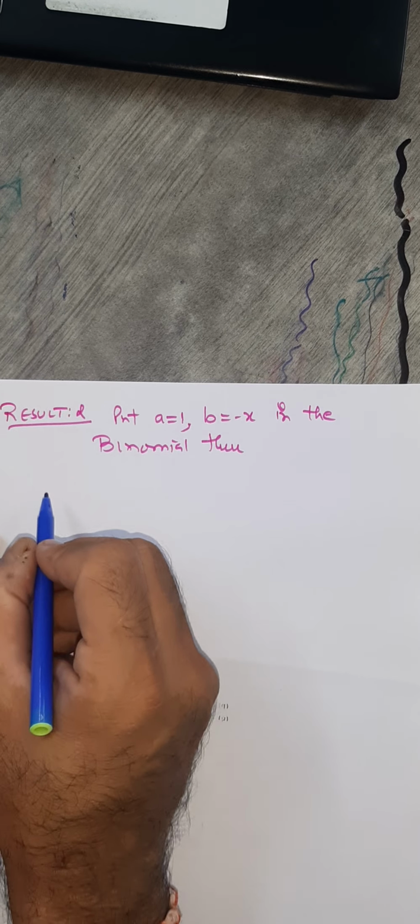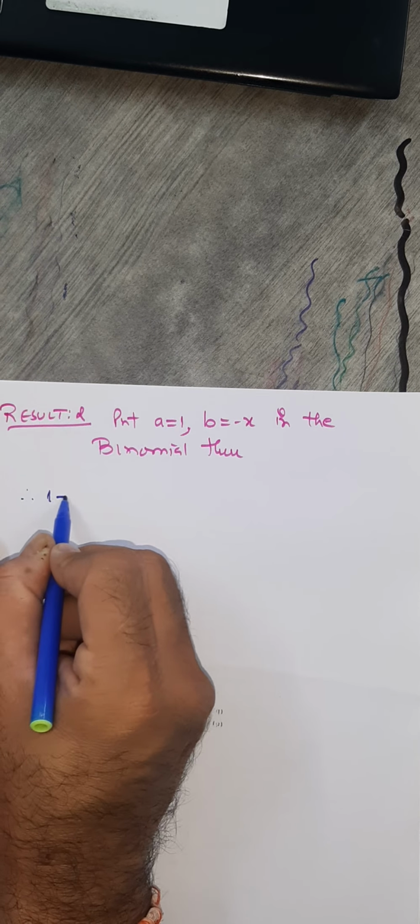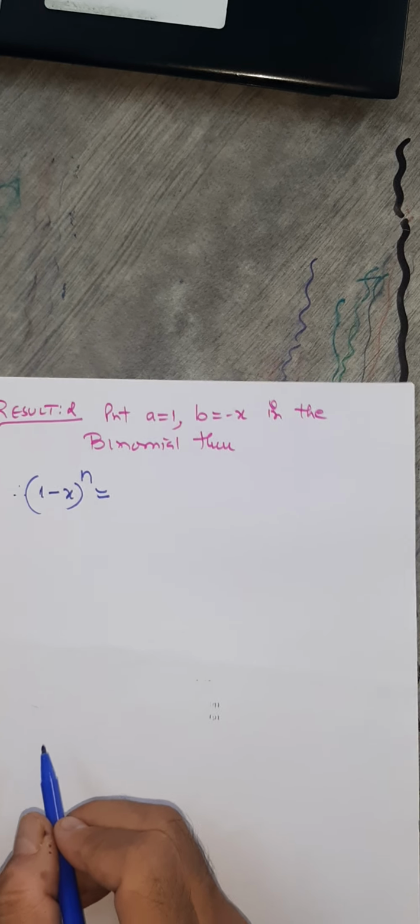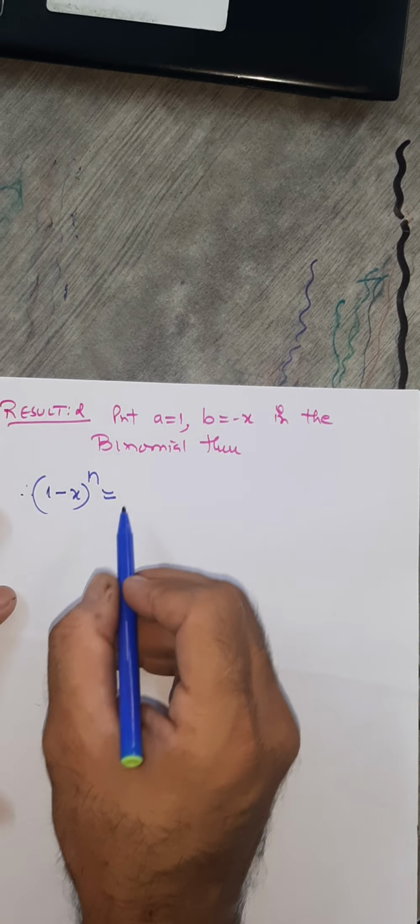Fine. So what we'll get here on the left hand side? On the left hand side you will get 1 minus x the whole raised to n, where n is positive integer, remember. It should not be fractional value.